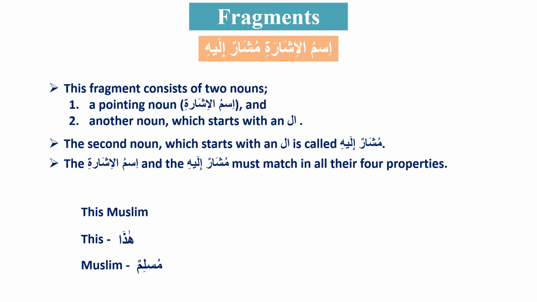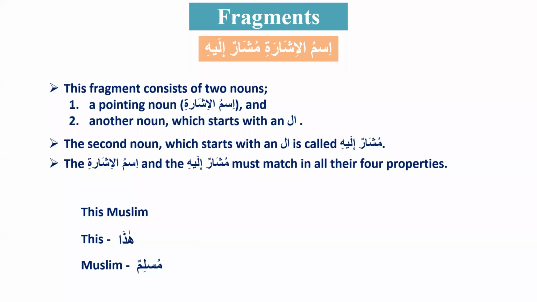Haza Muslim. This is what you said? Anusha, Arham thinks this Muslim, when translated into Arabic, should be Haza Muslimun. Is this correct? No. What is the correct version? Say the whole thing. Haza al-Muslimu.